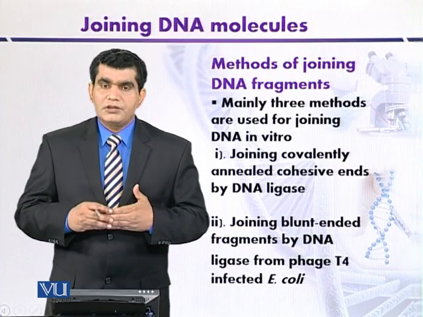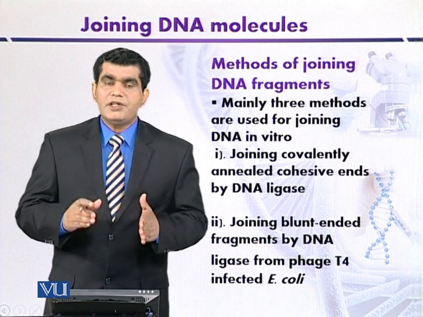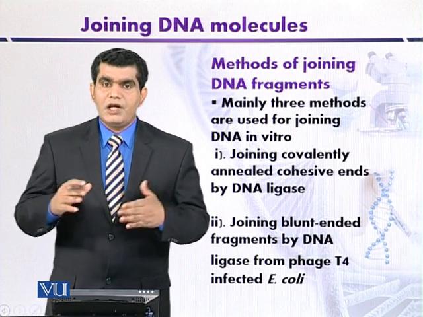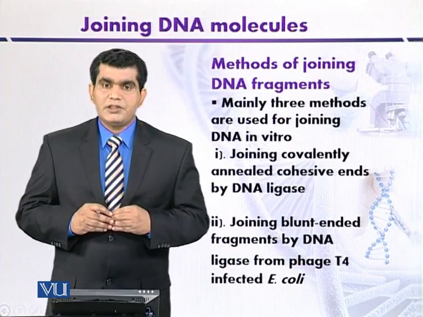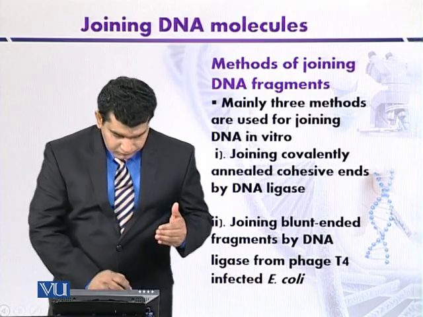For instance, if the target DNA is digested with EcoRV restriction enzyme, the DNA fragments that will be produced have blunt ends. So the ligation of blunt ends is mediated by T4 DNA ligase.